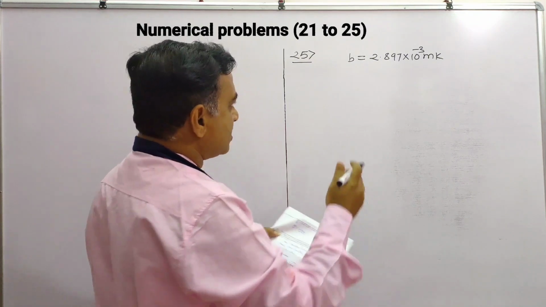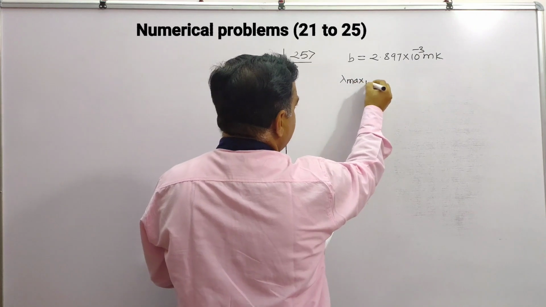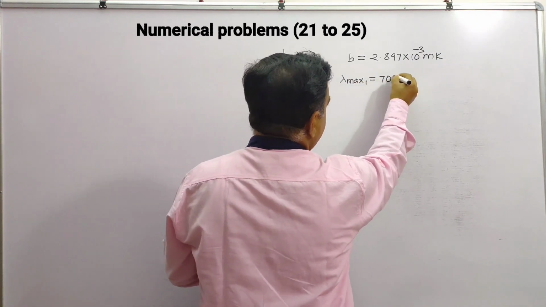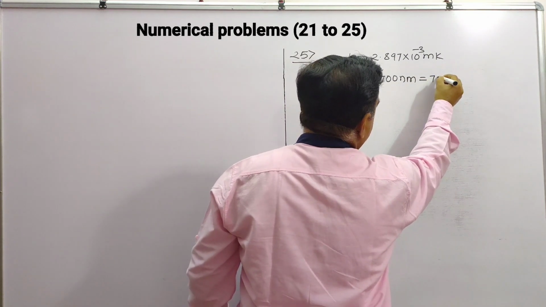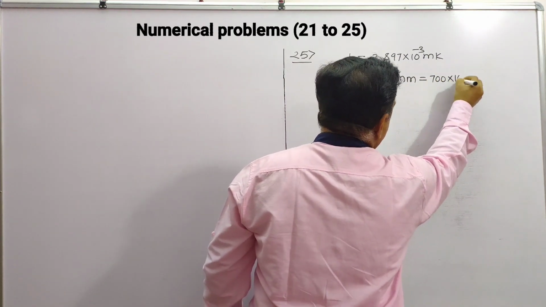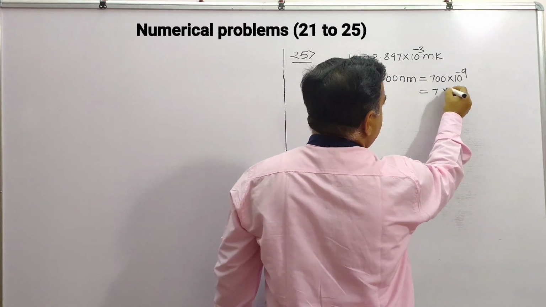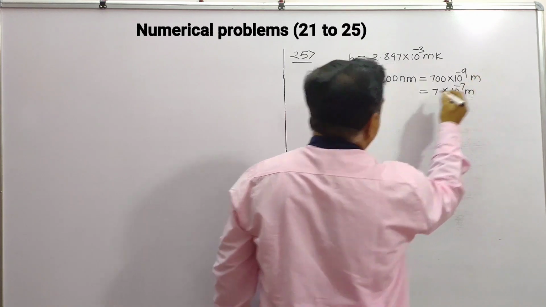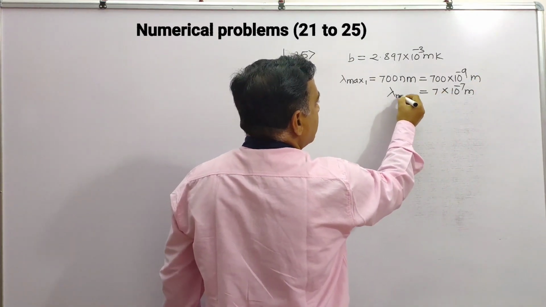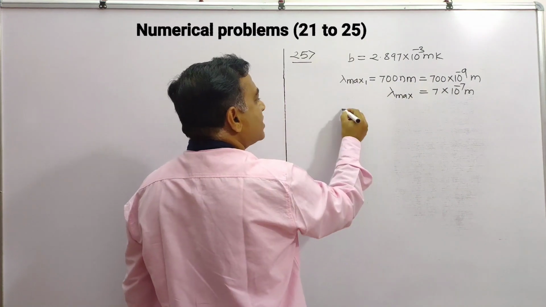Lambda max 1 is 700 nanometer, meaning 700 into 10 raised to power minus 9, or I am going to write that as 7 into 10 raised to power minus 7 meter. Okay, this is lambda max 1, the value which is given.